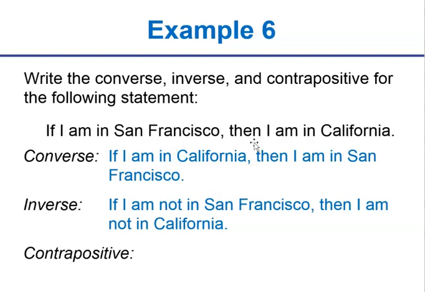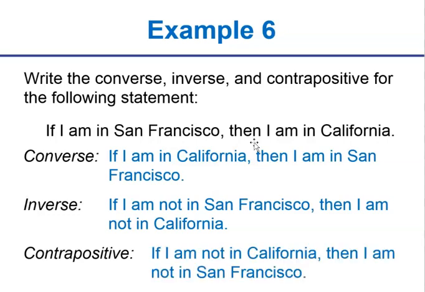All right, contrapositive. Remember what you do for the contrapositive? You do both. So you change the order, which is called converse, and you negate both of the statements, which is called inverse. And so when you do both, it's the contrapositive. So here we go. If I am not in California, then I am not in San Francisco.